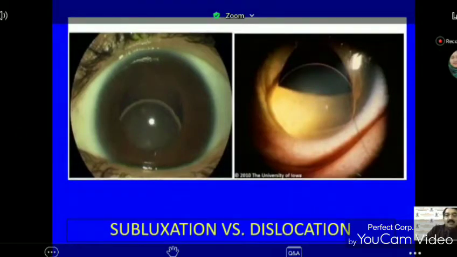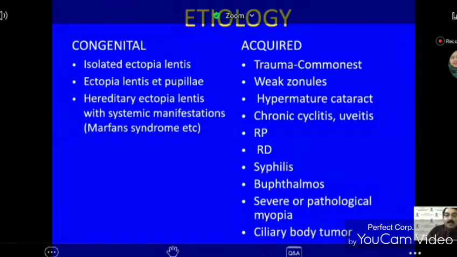Whatever the patient may present with, the etiology can be congenital or acquired. In congenital, it can be ectopia lentis, ectopia lentis et pupillae, or hereditary ectopia lentis. In acquired, it can be trauma, weak zonules, uveitis, syphilis, buphthalmos, severe or pathological myopia, or ciliary body tumor.